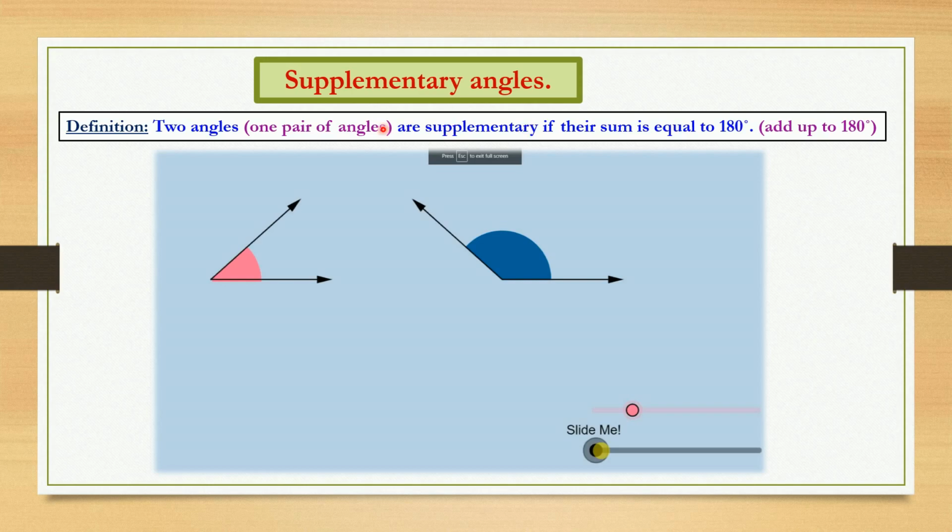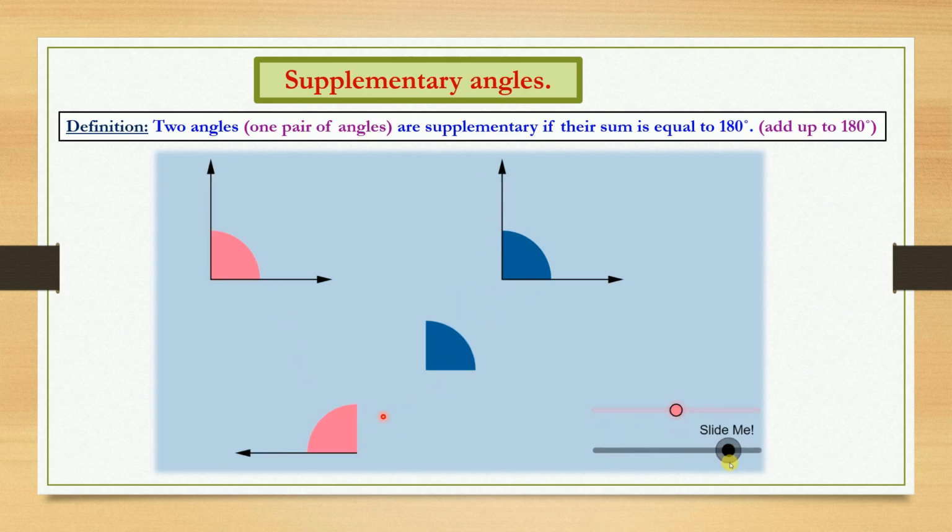To understand this concept more, let's observe this figure. Here we have a pink angle and a blue angle. Let's watch the animation together. If I glue the pink and the blue angles together, they will form together a straight angle.